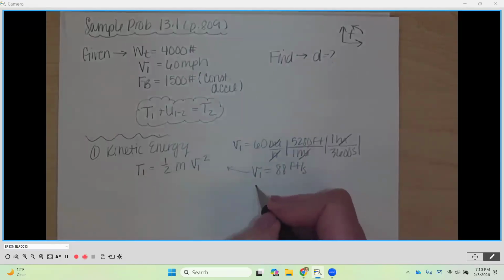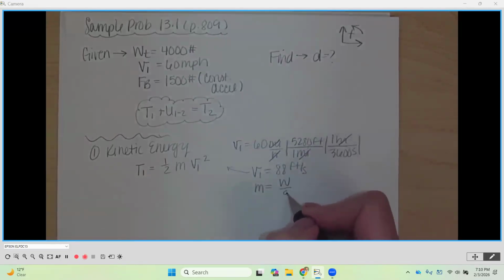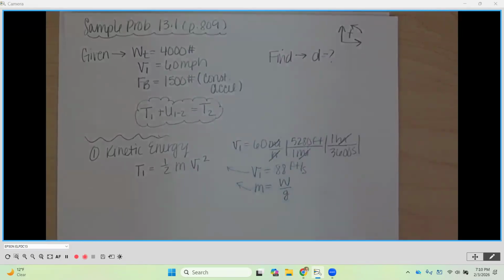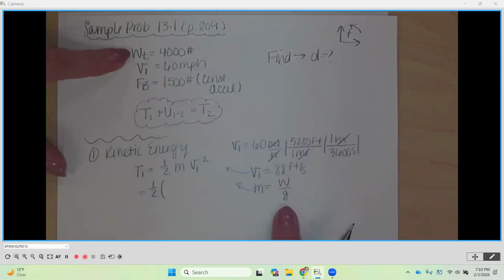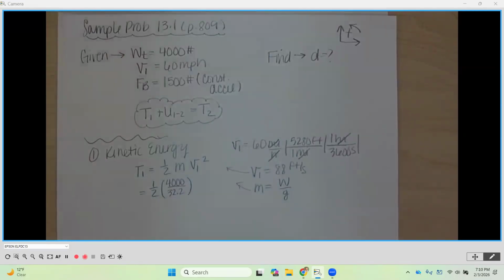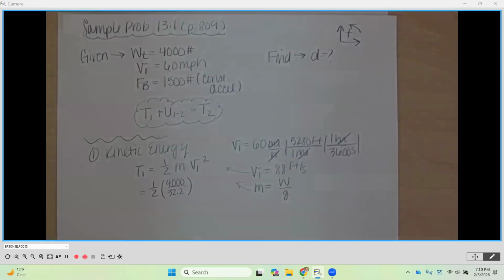Now we also know that mass in English units is weight divided by gravity, so we'll put that right into the equation. That means we have 1/2 times weight divided by gravity: 4,000 divided by 32.2 feet per second squared. I didn't write it up there, but don't forget.